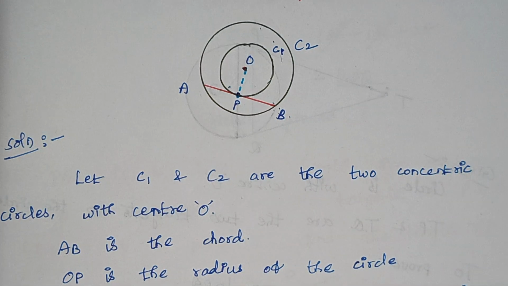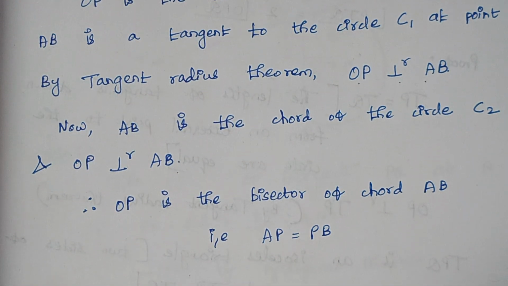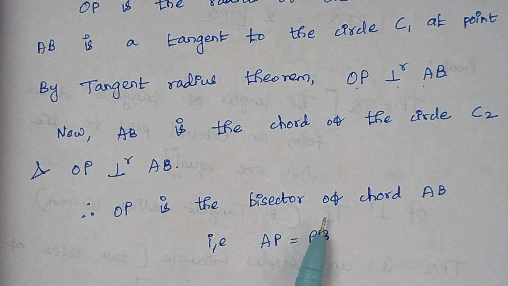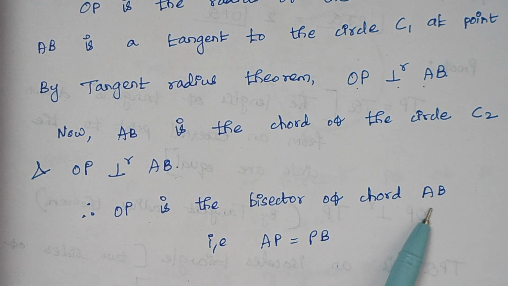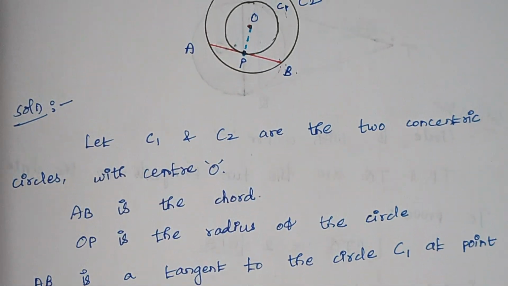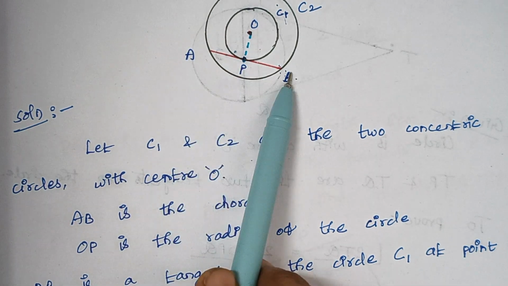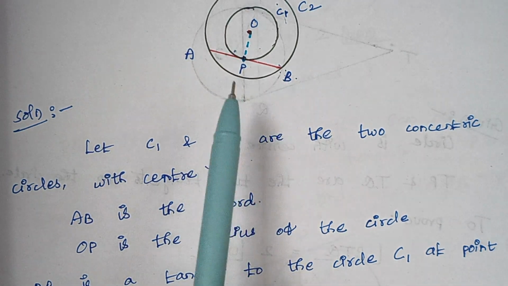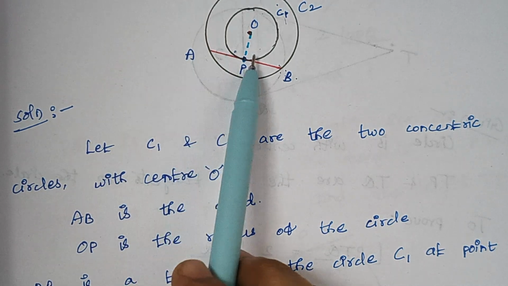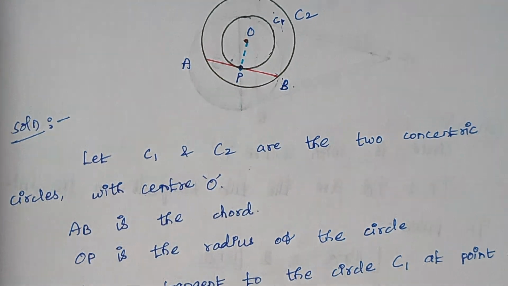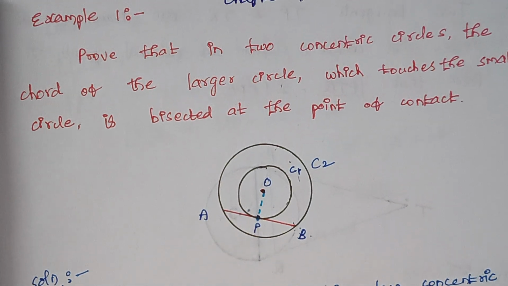So therefore, we conclude that OP is the bisector of the chord AB, and AP is equal to PB. You see, OP is perpendicular to the chord AB, so that is the reason we can say AP is equal to PB. So this problem gets over here.